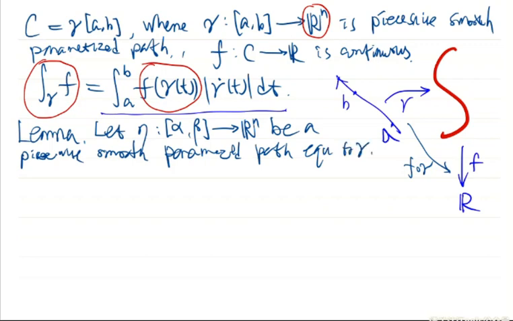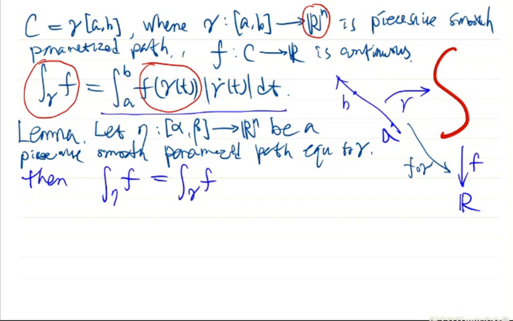Equivalent to gamma means that their image is the same. In other words, this eta is another parametrization of C. We already have a parametrization of C, that is our gamma, but now we choose another parametrization, that is our eta here. Then we can also define the integral of f over eta. The result is that this equals the previous integral over gamma.